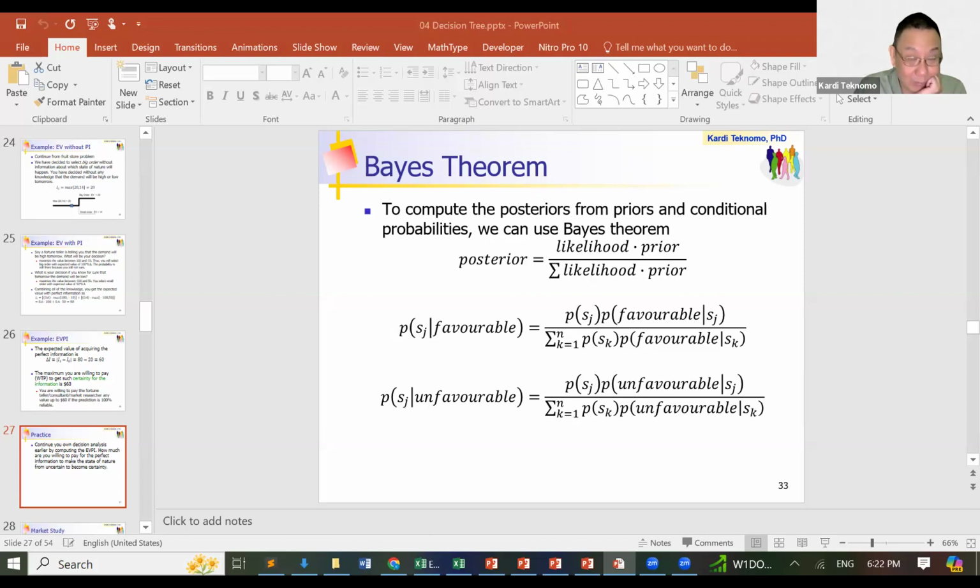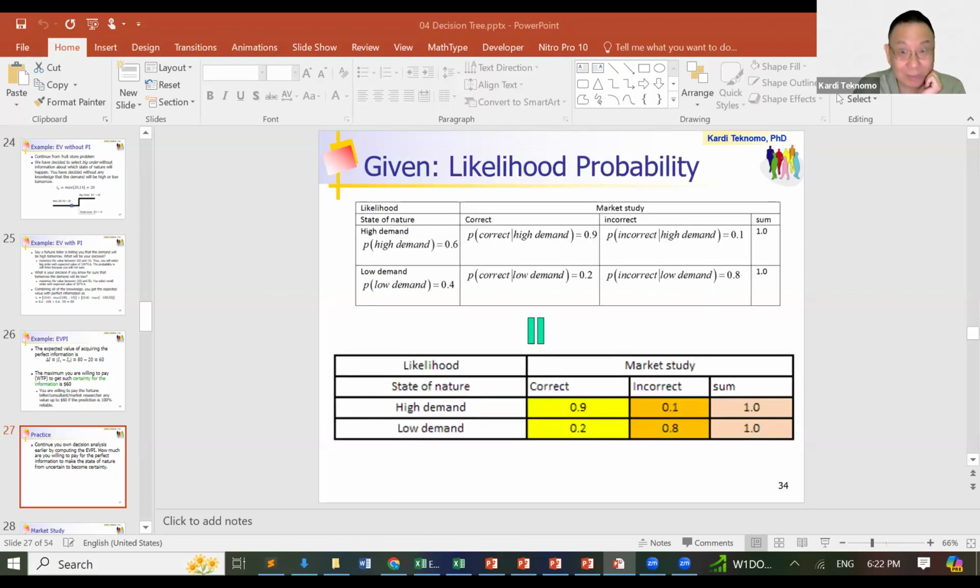Okay, with that, let's come back to our fruit store problem. This is given. You can input this in your Excel. What is given? Likelihood.